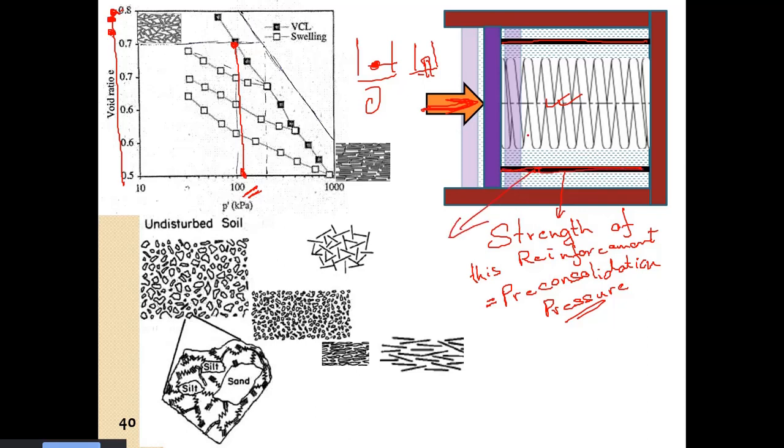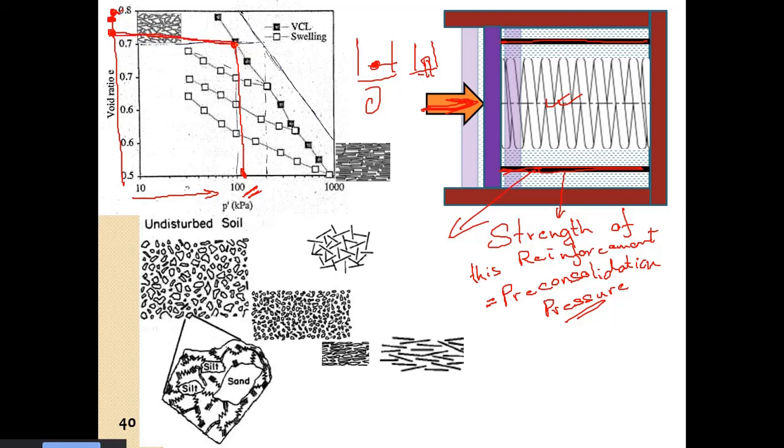The reinforcement will not allow any sort of consolidation in the soil. As the pressure increases, a very small amount of compression will be there, so the curve will move in this direction.